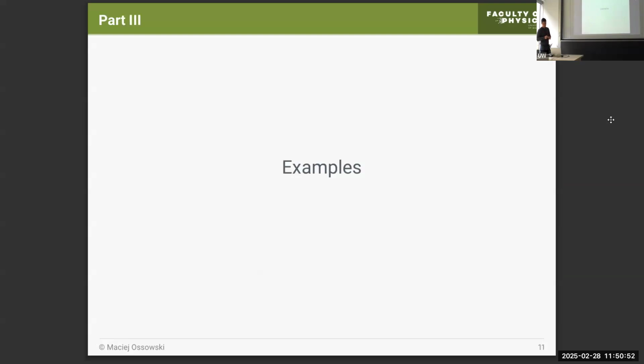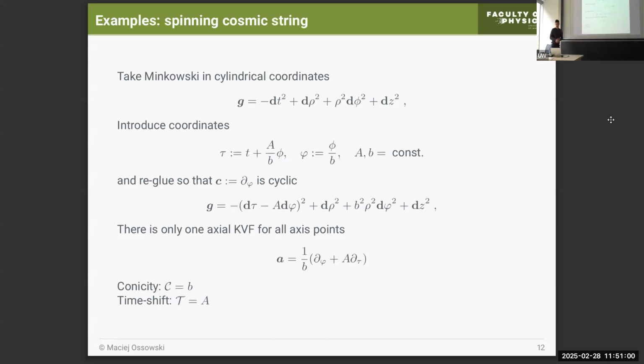So let me go through some examples on how does this construction work. First example will say us why those names have been chosen. So we take Minkowski spacetime in just cylindrical coordinates. So this is certainly flat and completely regular.